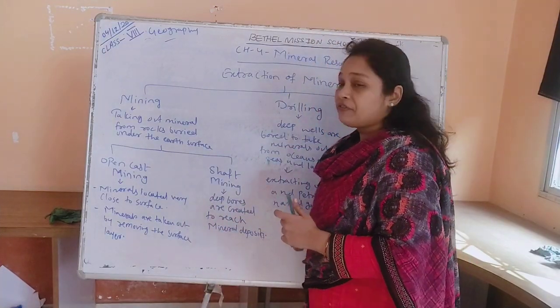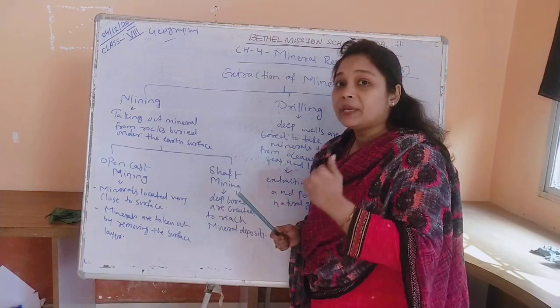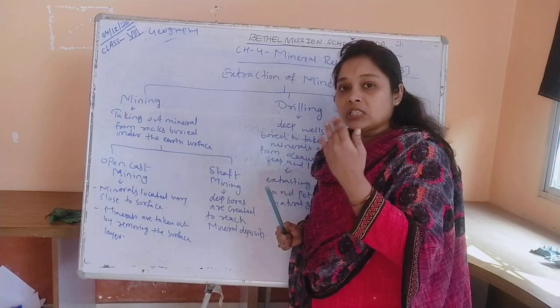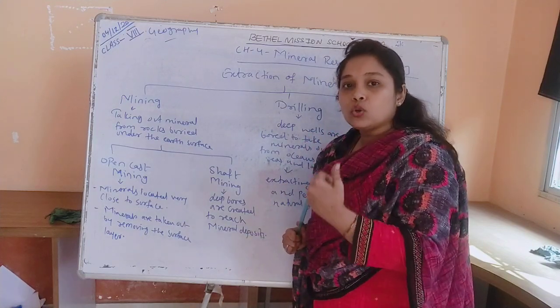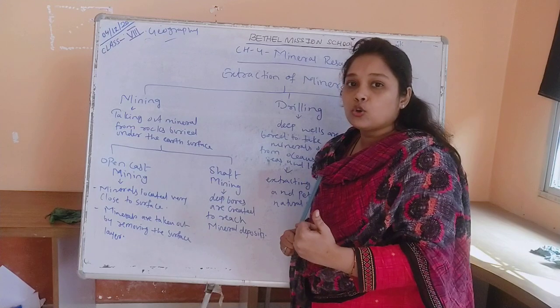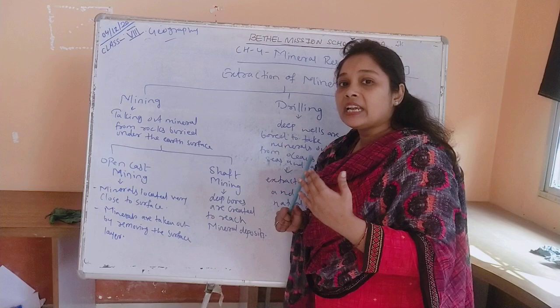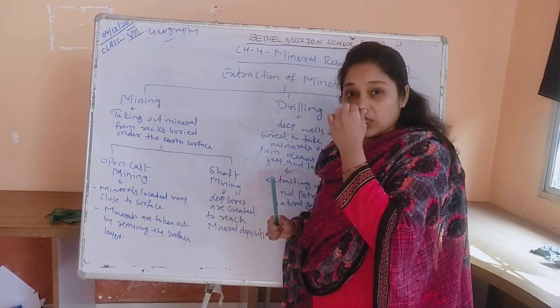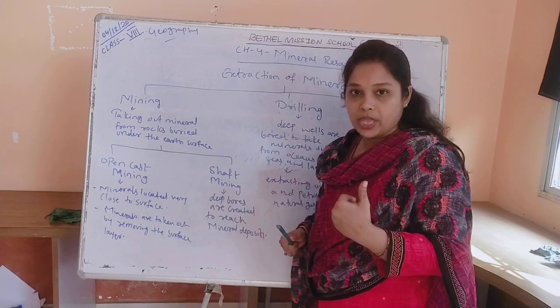The second one is shaft mining. Shaft mining means deep bores or deep tunnels are made, because for minerals which are deep down in the earth's surface, shaft mining is used to dig them out. Tunnels and deep bores are made, and minerals are extracted through them.